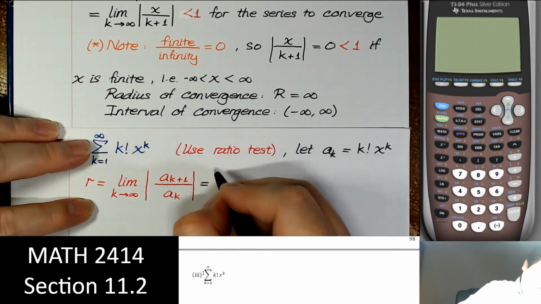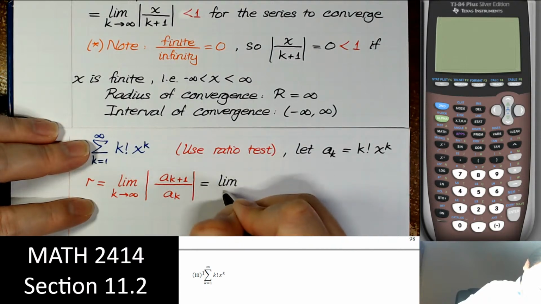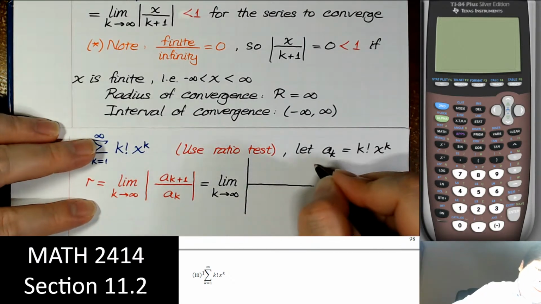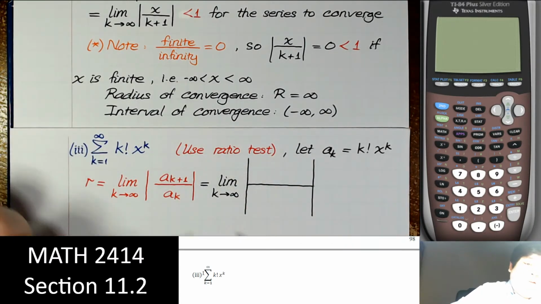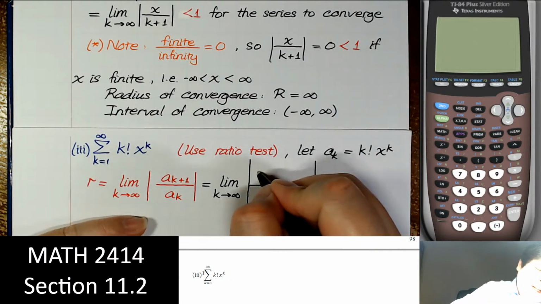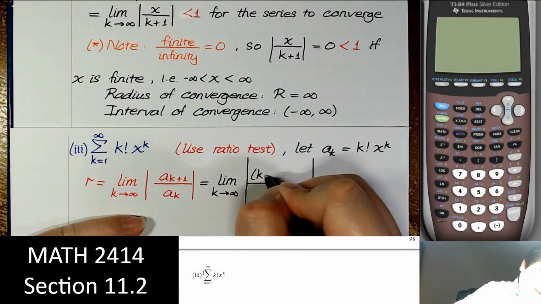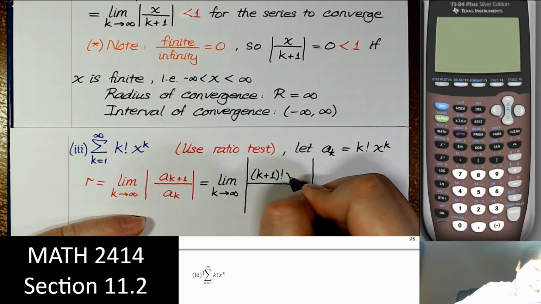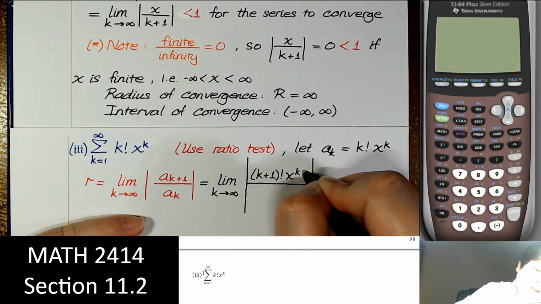First we're going to put k plus 1 into k here. So we have k plus 1 factorial and x to the k plus 1.